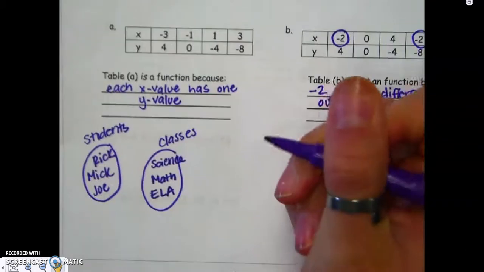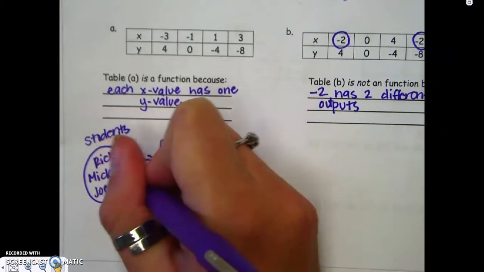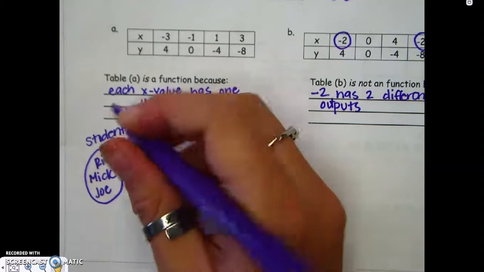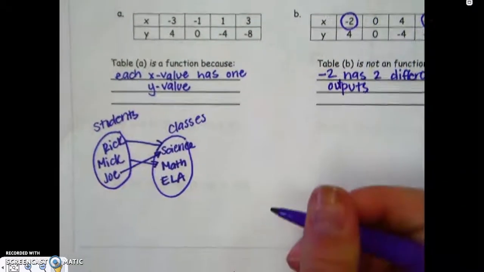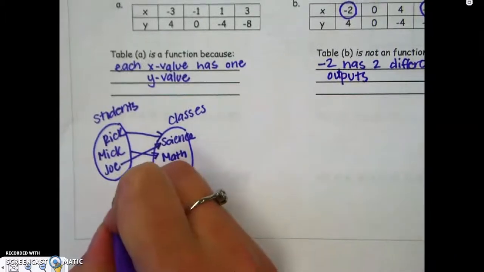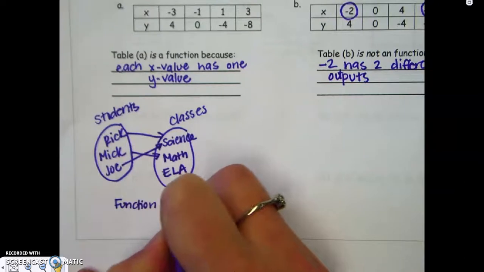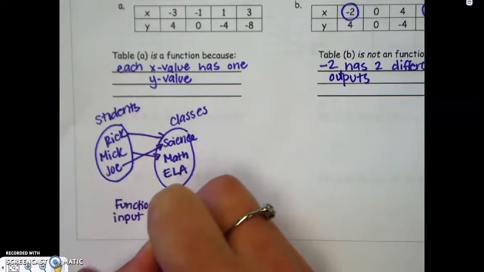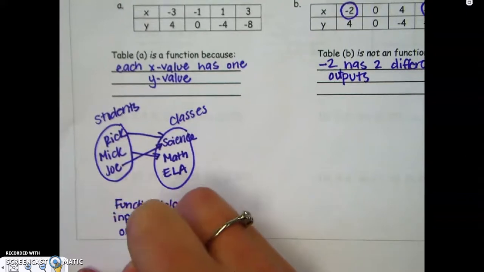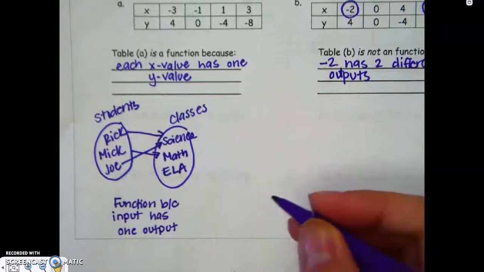Okay, and so I'm going to say Rick goes to science, Mick goes to math, and Joe also goes to science. So this is a function because each input, or each student, has one output, or class. So like schedules are functions.